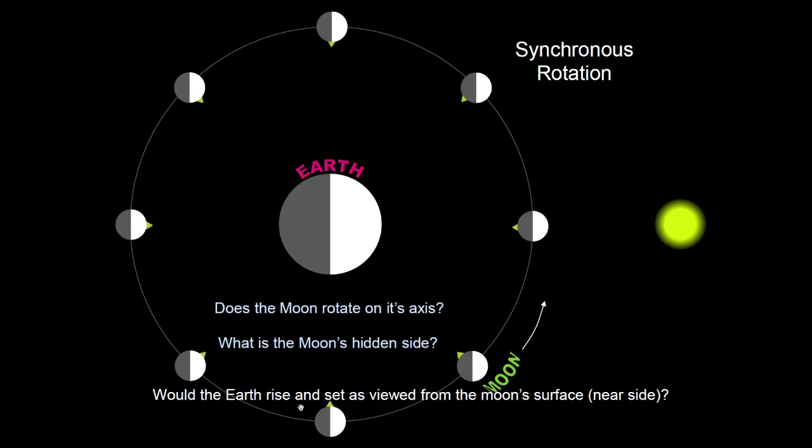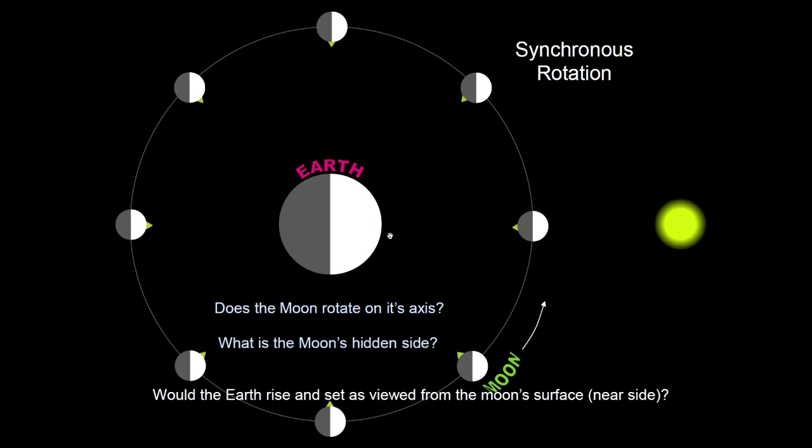So it said, would the Earth rise and set as viewed from the moon's surface, the moon's near side? Would you ever see the Earth set, by set we mean going over the horizon? That's a question on your lab, and I want you to think about that.